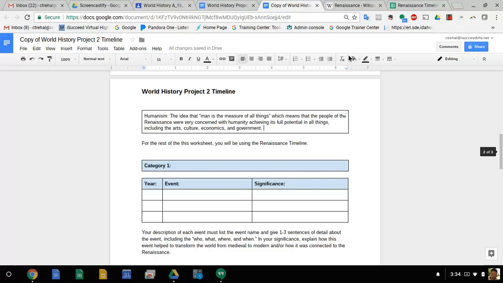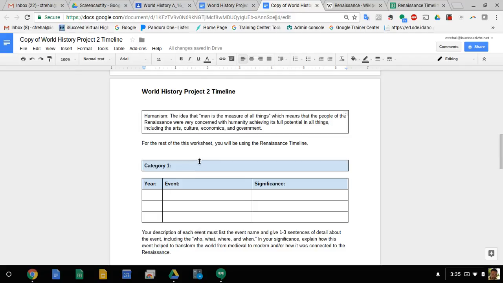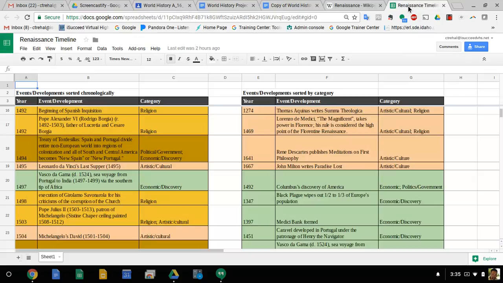So I'm going to go category 1. For me, I feel like economics was a huge category. So for my category 1, I'm going to say economic discovery. And for my first event, I'm going to choose, and I don't want this green, so I'm just going to recopy.